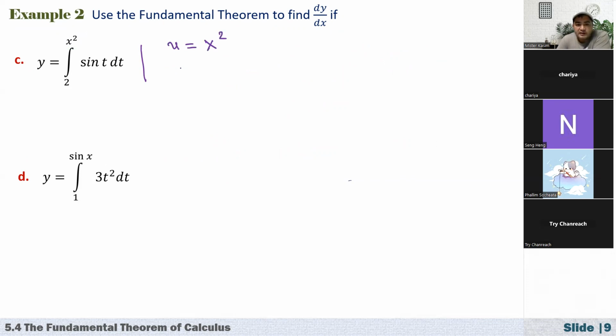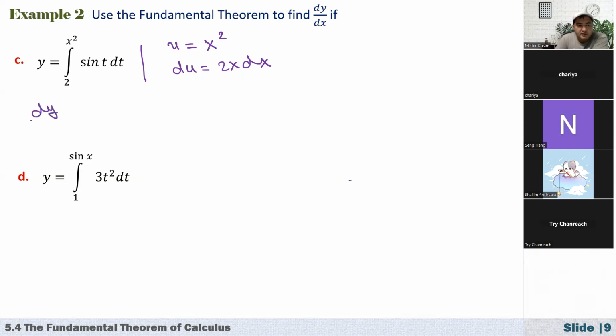Then du is equal to 2x dx, so I can change this dt with du over 2x.